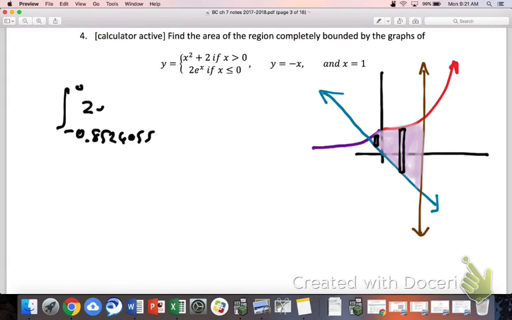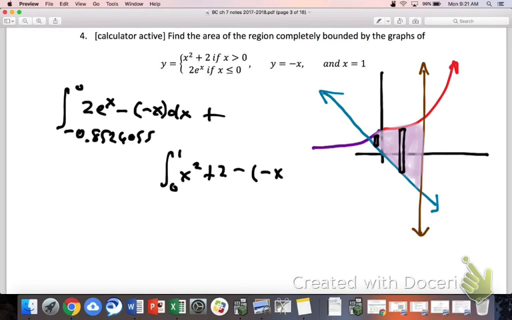So it would be 2e to the x minus the low function, that blue line, so minus negative x dx. And then we'd need to add to that the integral from 0 to 1 to get us all the way over to the brown line. But this time the high function is no longer the exponential, now it's the parabola. So that would be x squared plus 2 minus the low function, again the line, negative x dx. So that's a good setup.